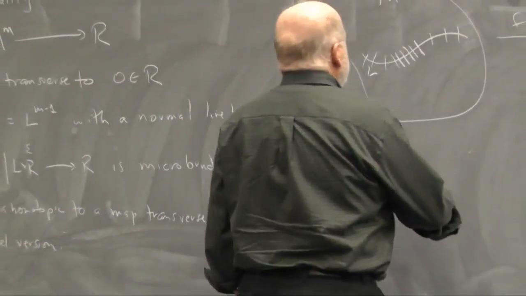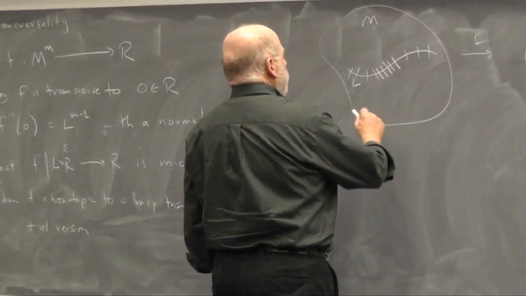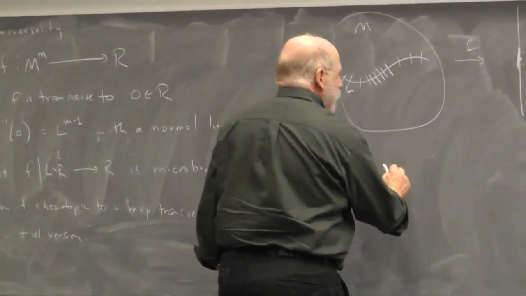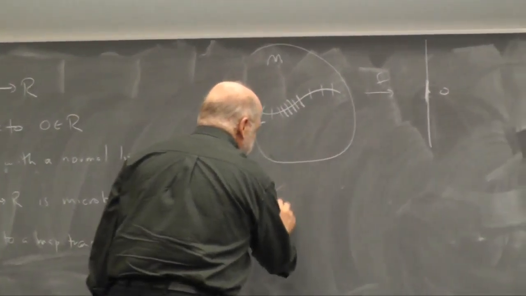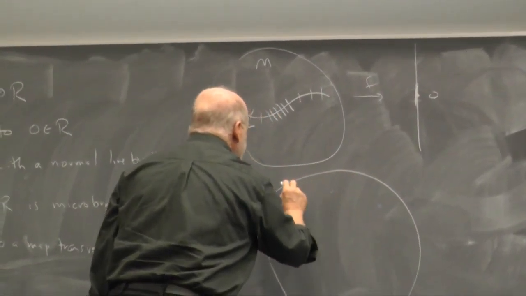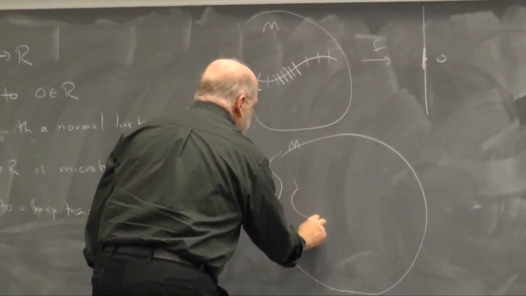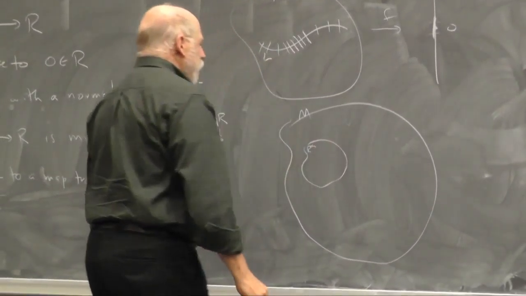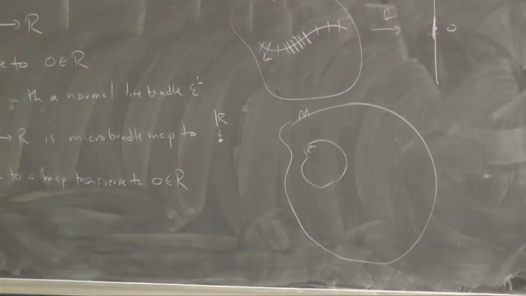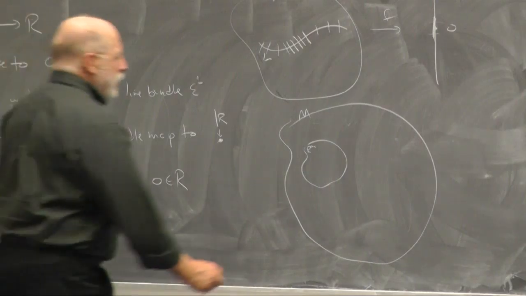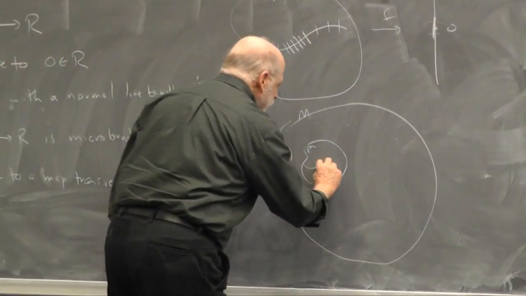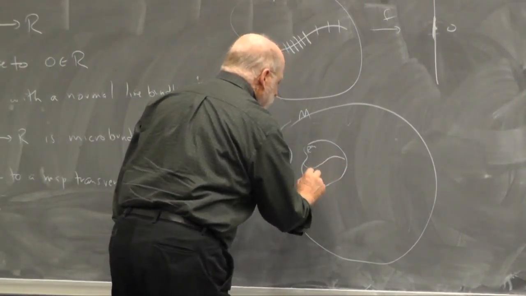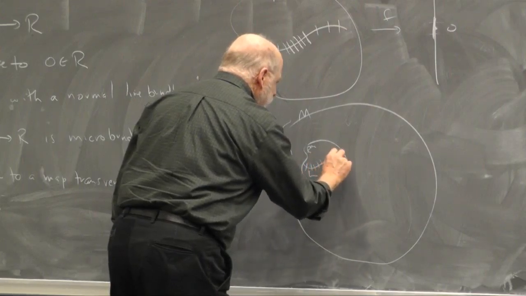So I'll draw a new picture here, but it's almost the same picture. Here's M. Here's a coordinate chart. In that coordinate chart, that's a smooth manifold. So make that transverse to 0, and you get a submanifold L, and here's its normal bundle.